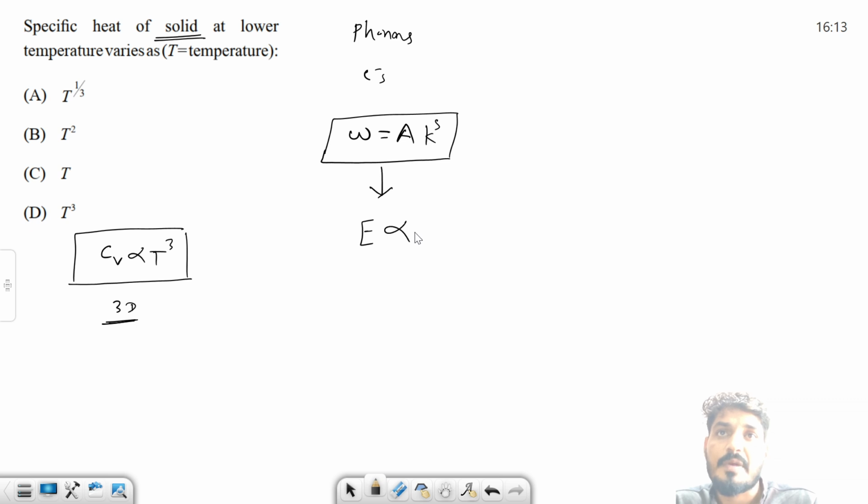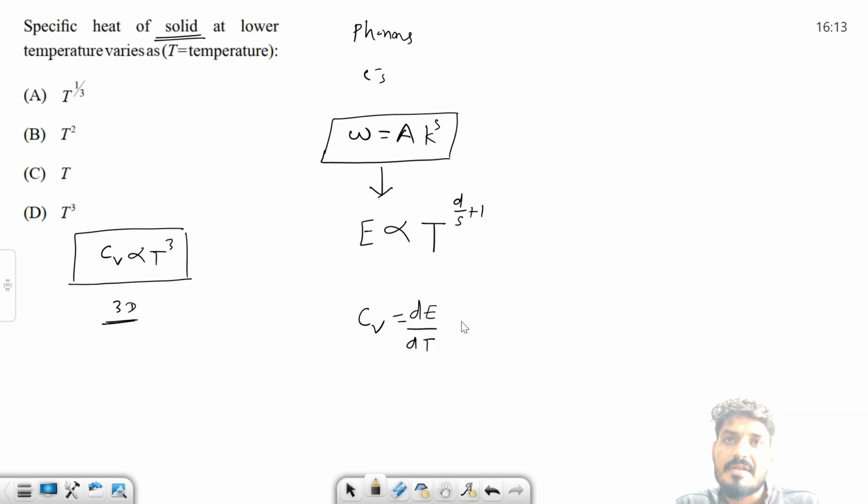Energy is always proportional to k, and in terms of temperature, energy is T to the power D by S plus 1. This is the energy. And specific heat we already know, that is nothing but dE by dT. So this is proportional to T to the power D by S.